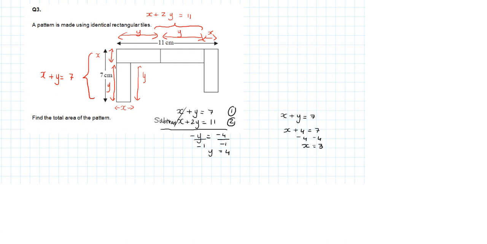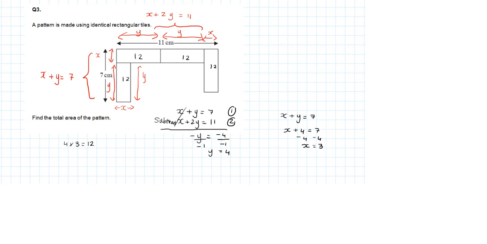Okay, and now does it work? 4 plus 3 is 7, and then 2 times 4 is 8, 8 plus 3 is 11, so it works. So each rectangle would have an area of 4 times 3, which is 12. So again we have 12, 12, 12, and 12.